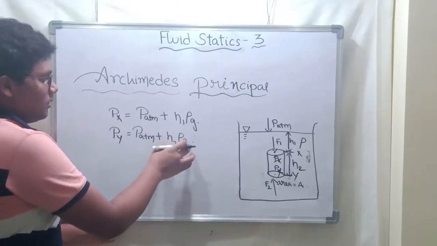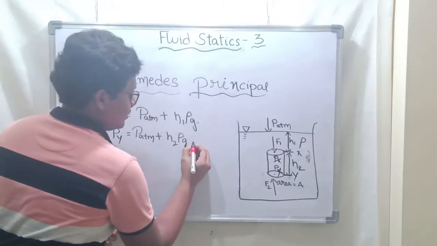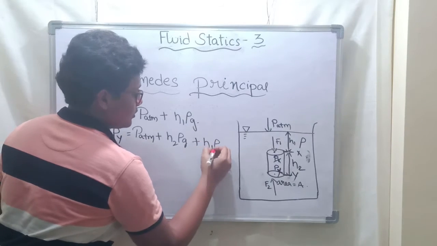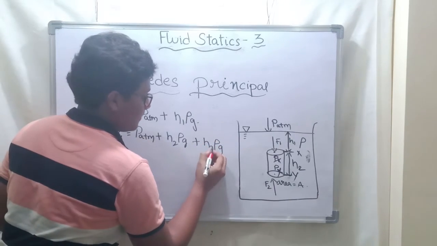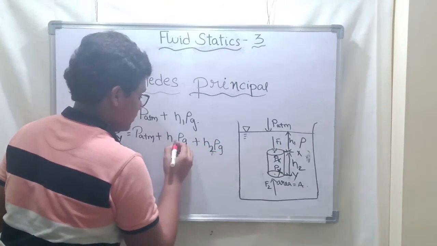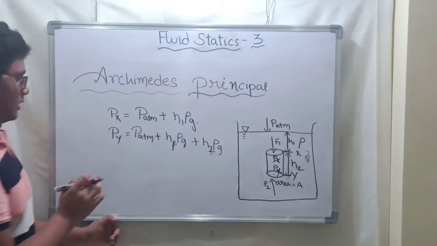Now h2 rho g plus h1 rho g. See, this is h1 rho g. Okay, clear up to here.